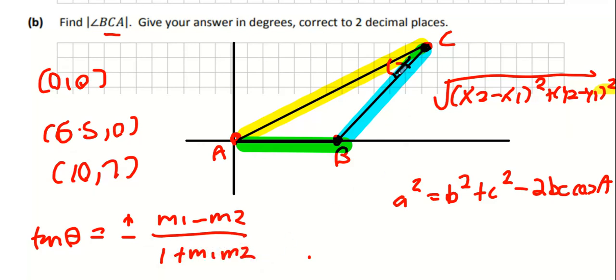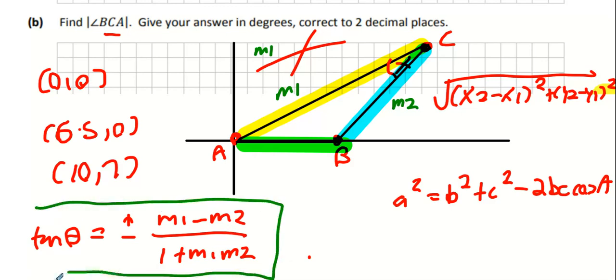And this one is for the angle between 2 lines. So if we get the slope of the yellow line, which would be m1, and the slope of the blue line, which would be m2, we can figure that out quite quickly. So the shorter method would be the tan theta version, and the longer method would be using the cosine rule and using the length formula 2 times, because you actually know that the length of this part is 6.5. So they are 2 possible routes you could go about doing this.